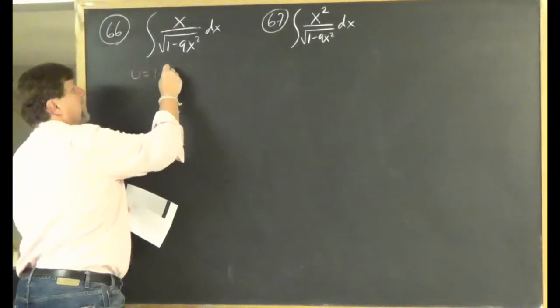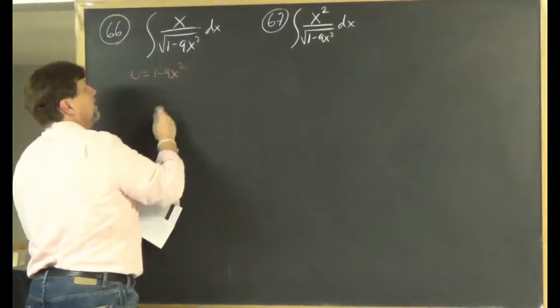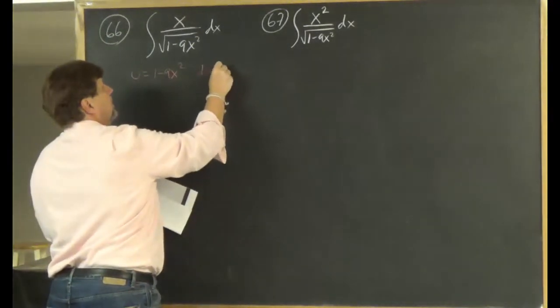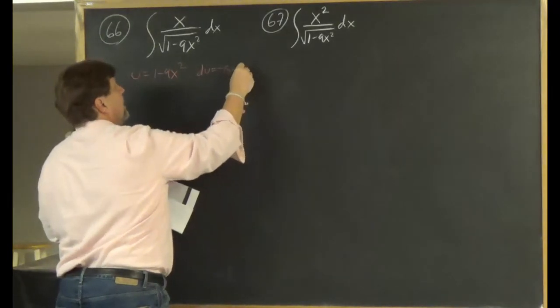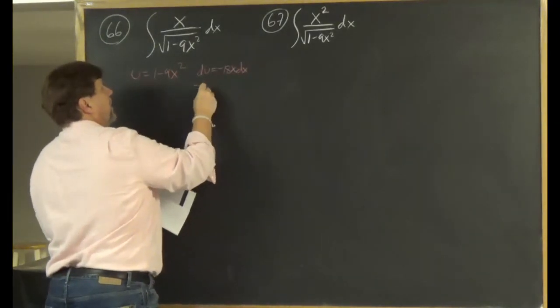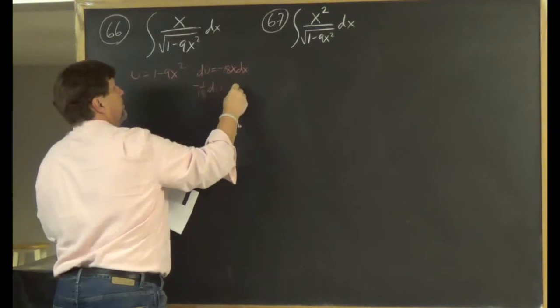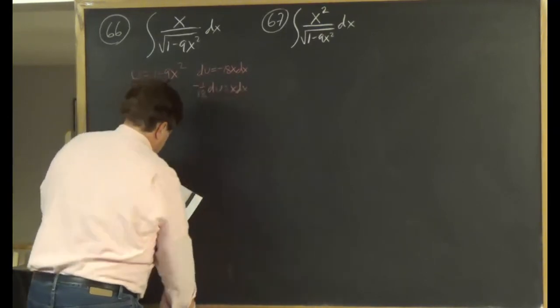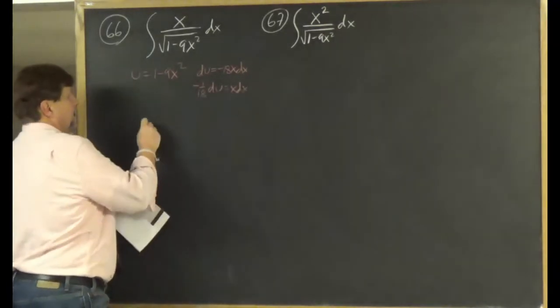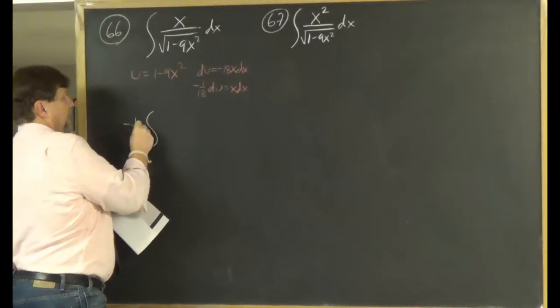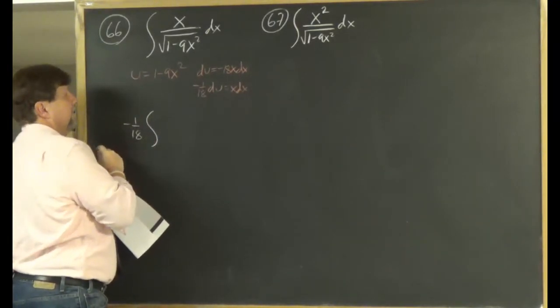U is 1 minus 9x squared, du is negative 18x dx, so negative 1/18 du is x dx. So we substitute in, got a negative 1/18.